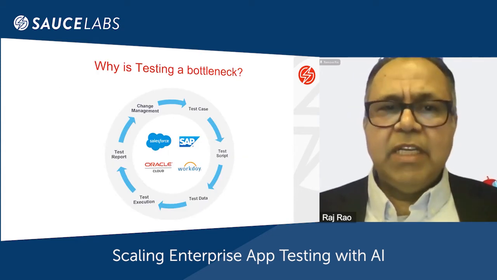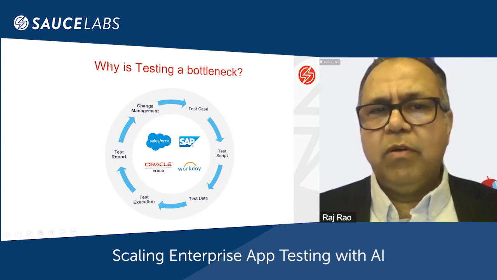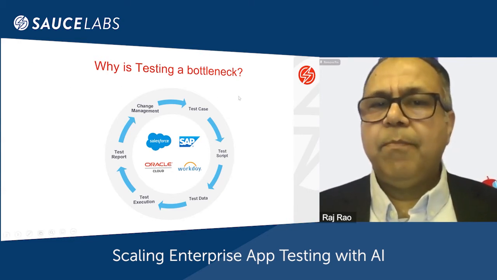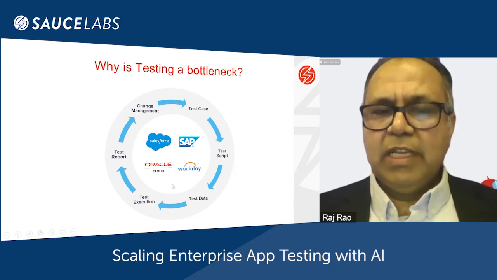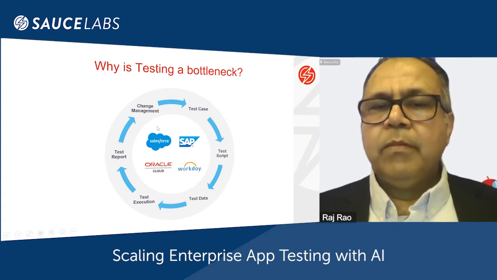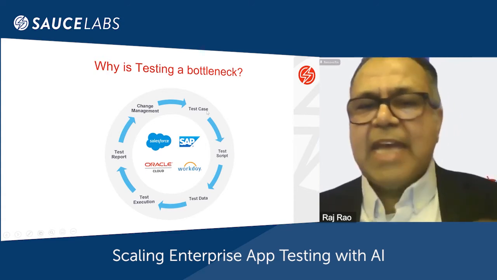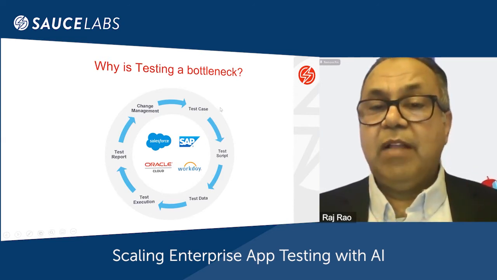In 2017, when we started the company, our primary goal was to address this question: why is testing a bottleneck? When you look at the test automation life cycle, you can see every aspect of this has a manual effort involved.